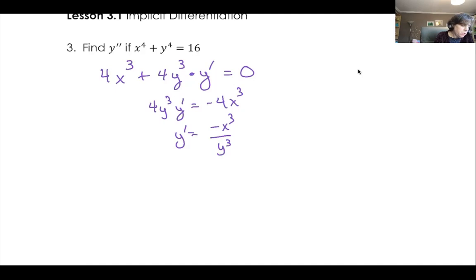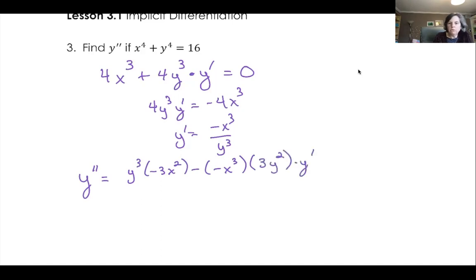Okay, so y double prime equals, I've got to use quotient rule, low d high minus high d low. So y cubed, keep in mind, it's like goobly cubed. So the derivative of that is 3y squared times the derivative of goobly, so times y prime, all over the square of what's below. So that would be y to the 6th power.